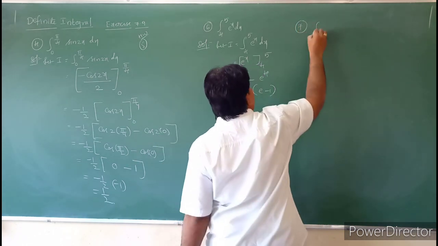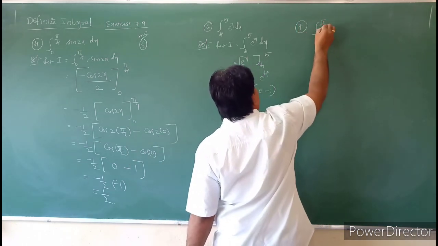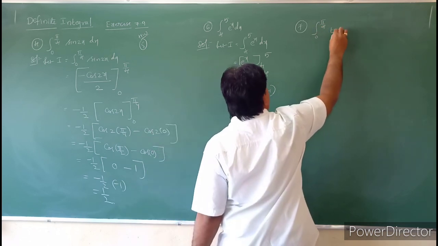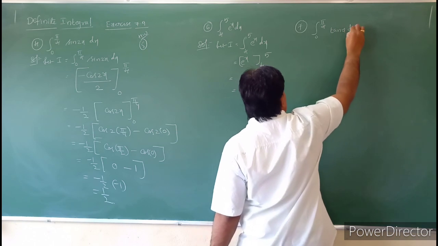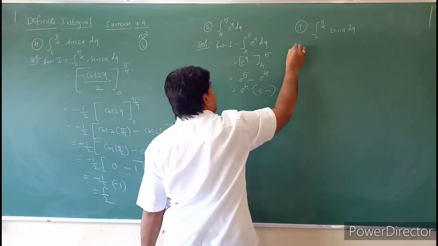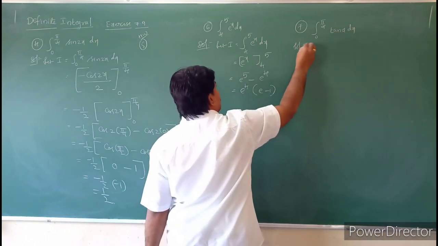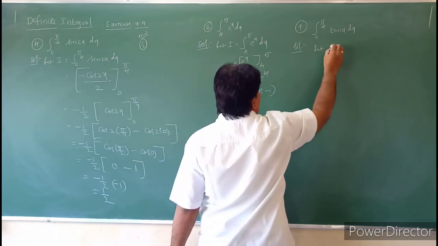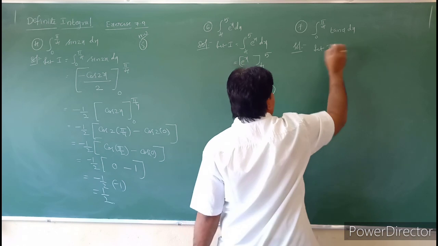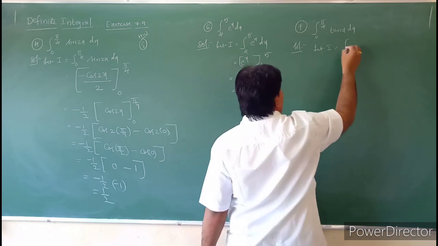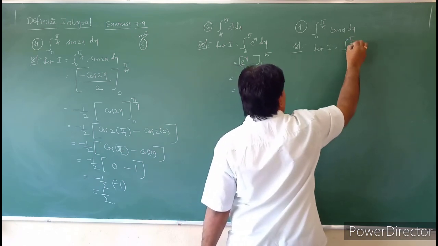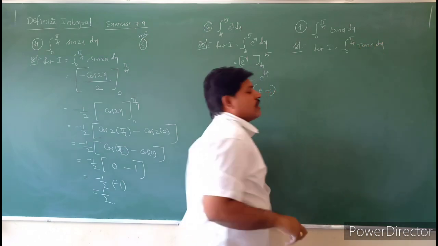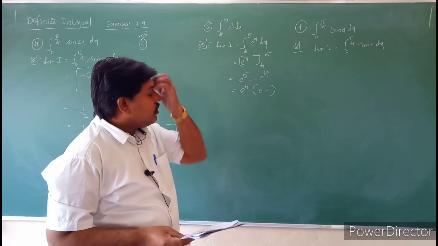Integral 0 to pi by 4 tan x into dx. So take that one. Let I is equal to integral 0 to pi by 4 tan x into dx.